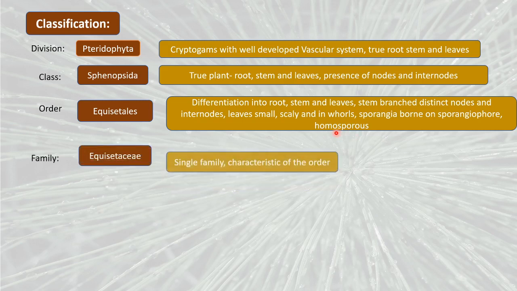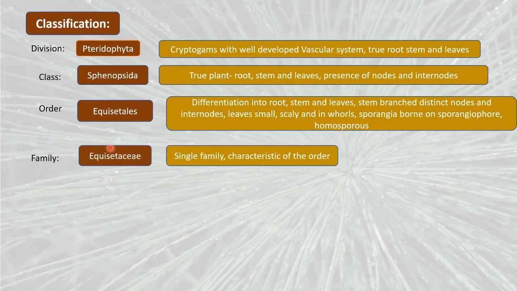Then comes the family Equisetaceae. This order has one single family, which is Equisetaceae. Since it is the only family, it will have all the characteristics of the order Equisetales. And then comes the genus. There are in all two genera in Equisetaceae: Equisetum and Equisetites.